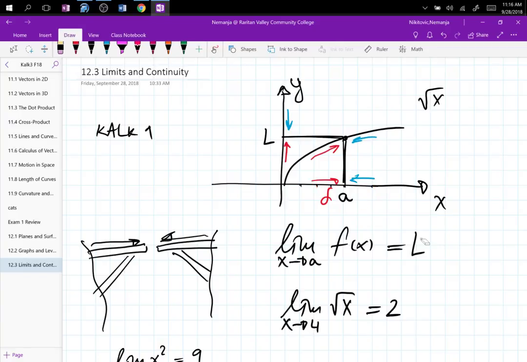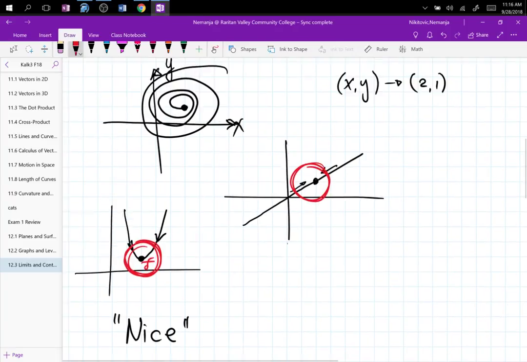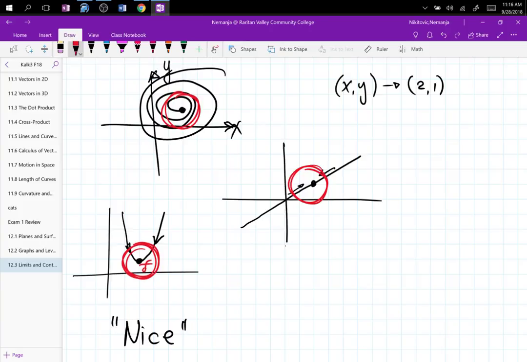Now we are on the two-dimensional domain, so around this point there is a disk of radius delta, and the same disk would be everywhere, whether approaching by a spiral, a linear path, or a quadratic. So the delta now is no longer a little bit to the left and a little bit to the right. It's a disk of a very tiny radius around the point of interest. Now that gives rise to a three-dimensional tube.